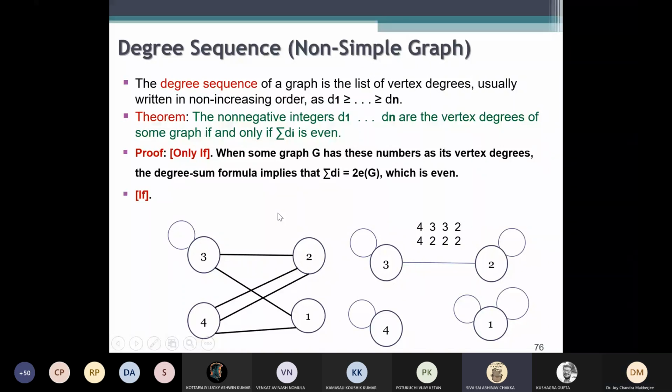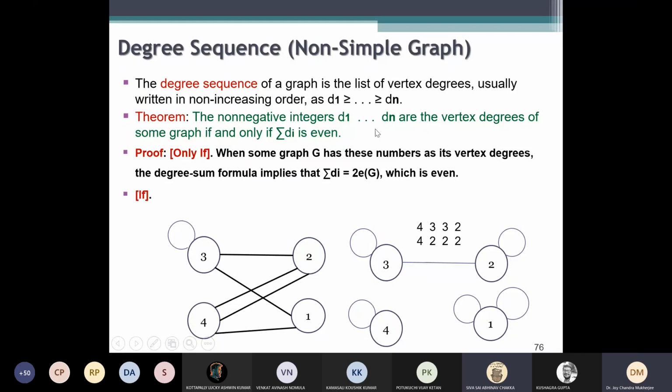I will repeat this statement. First, we have proven that when you are given a graph, you know its vertex degrees, and the summation of them is even.